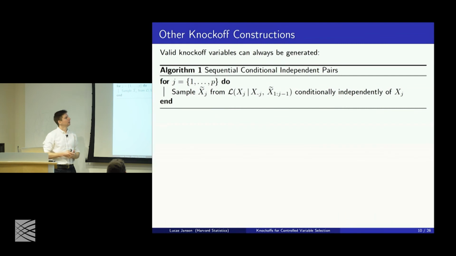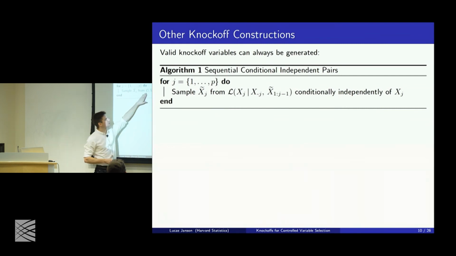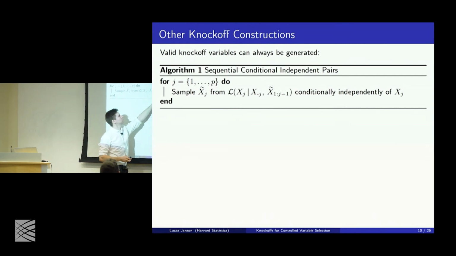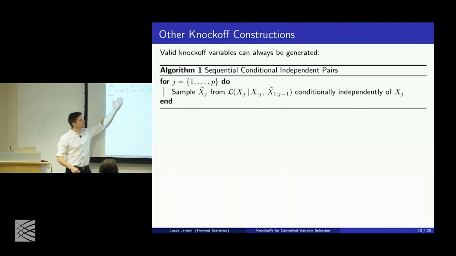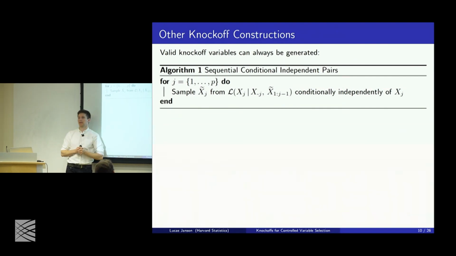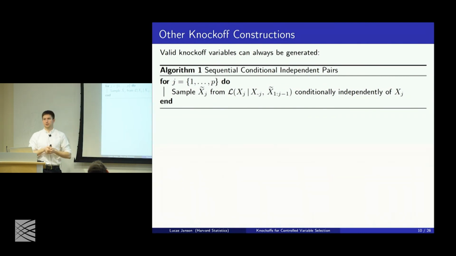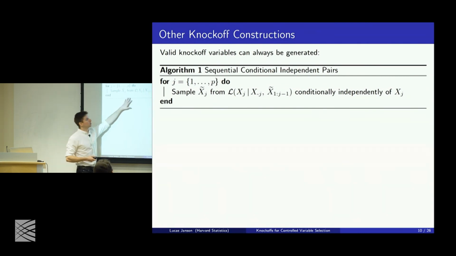It's a procedure where, at least in principle, all of these conditional distributions are well defined. And I could, in principle, sample from all these conditional distributions, and that would give me an x tilde j that is a valid and non-trivial knockoff matrix. I say non-trivial because, of course, I can always pick x tilde equal to x, but this is useless. I want an x tilde that satisfies that swap exchangeability property, that is not equal to x, so that I actually have some power. And so this would do it.